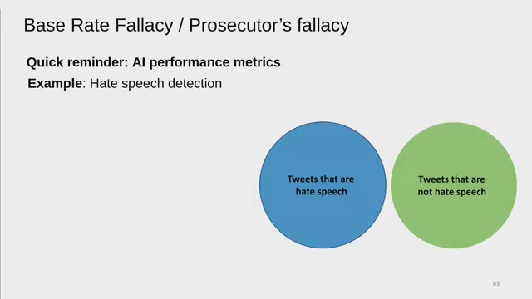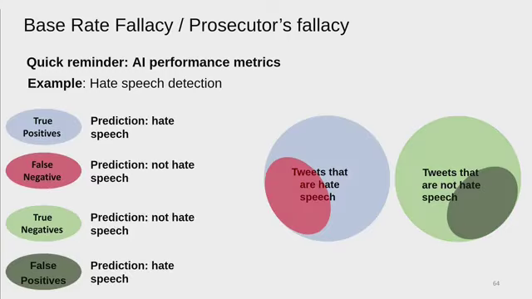This base rate fallacy, or prosecutor's fallacy, has effects in many different places, such as performance metrics for hate speech detection. We initially would assume that there's the same amount of tweets that are hate speech as tweets that are not. When designing a machine learning system that tries to detect hate speech, we can break this into a set of 4 different classes.